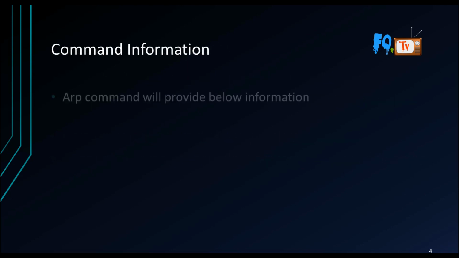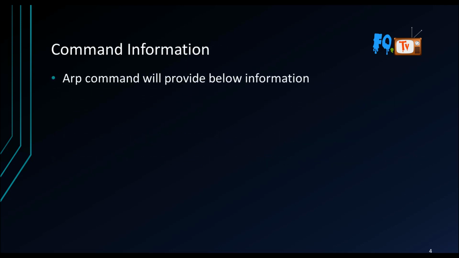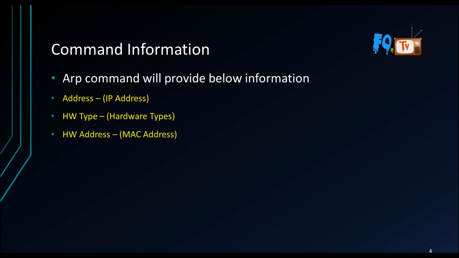What information is provided by this command? The ARP command provides the following: the IP address of the remote machine or the local machine; the hardware type used to communicate between those hosts; and the hardware address, which is the MAC address.